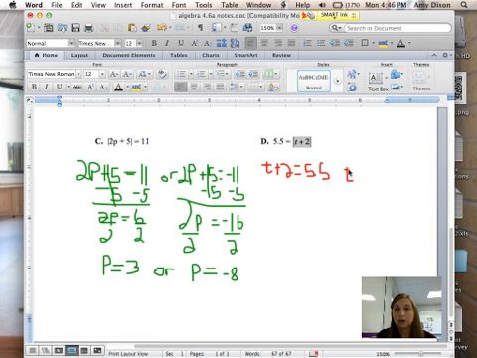So then we also do t plus 2 equals negative 5.5. Okay, so then we have two equations to solve. On the left, we're going to subtract 2 from both sides. 5.5 minus 2 is going to give us 3.5. So t could be 3.5.